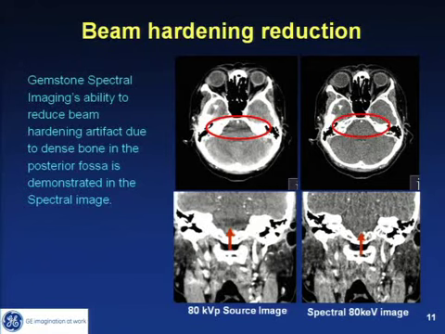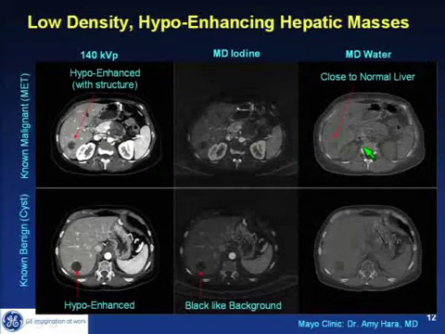Here is a typical illustration of the beam hardening effect seen in the posterior fossa region of a human scan. And this type of artifact has been with CT since day one. That's a dark streaking connecting between the two petrous bones. And with the dual energy applications, you can successfully remove that beam hardening effect with the monochromatic image generation process.